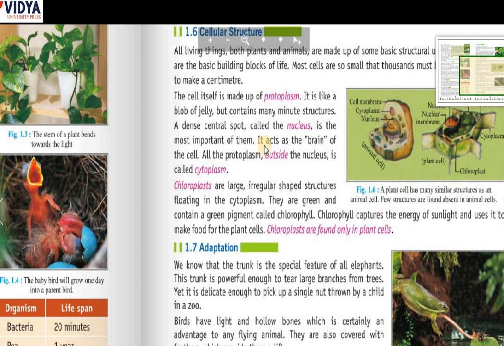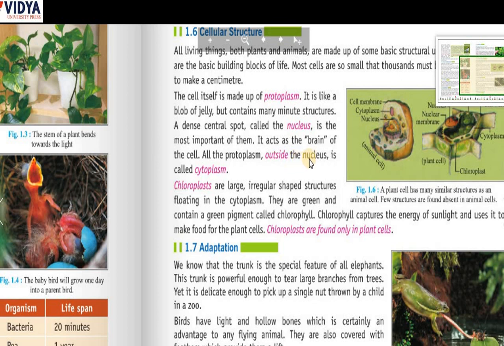A cell is made up of protoplasm, which is a jelly-like blob, and also contains many minute structures such as the nucleus, which is also known as the brain of the cell. All the protoplasm outside the nucleus is called cytoplasm.